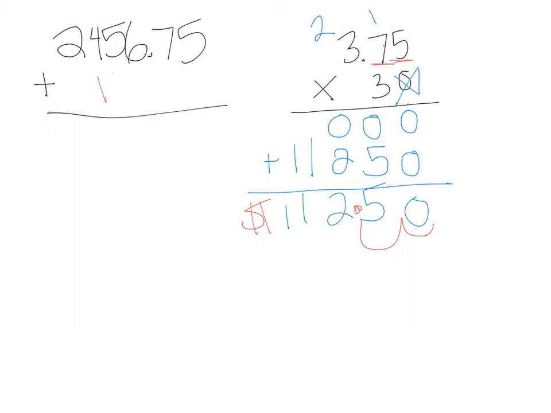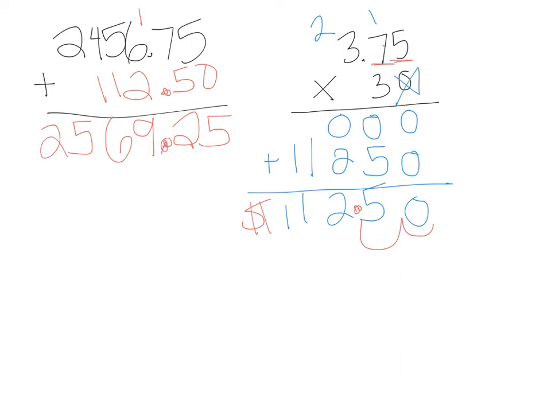So I need to add that to his normal amount, and I will find out how much he earned altogether last month. 5 plus 0 is 5. 7 plus 5 is 12. Carry the 1. 6 plus 2 is 8, plus 1 is 9. 5 plus 1 is 6. 4 plus 1 is 5. And 2. Decimal points when adding, you do bring right down.